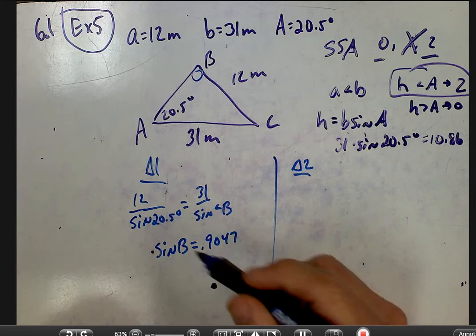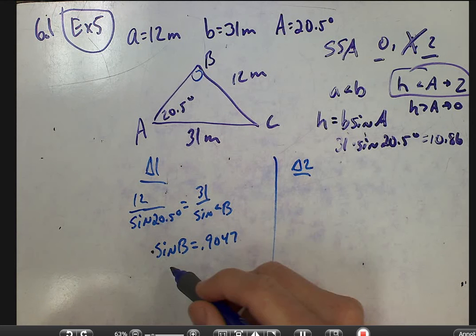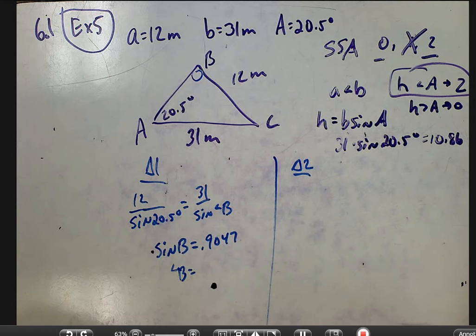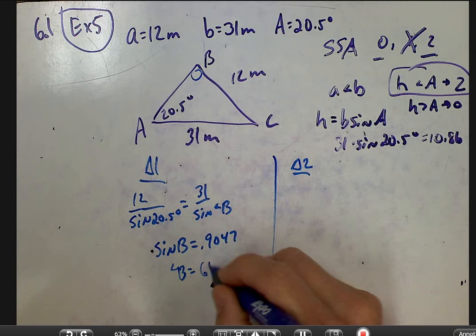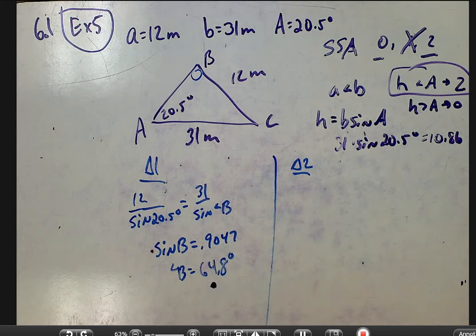Now I'm going to take the arc sine in the calculator, and B turns out to be 64.8 degrees in triangle 1. Okay?